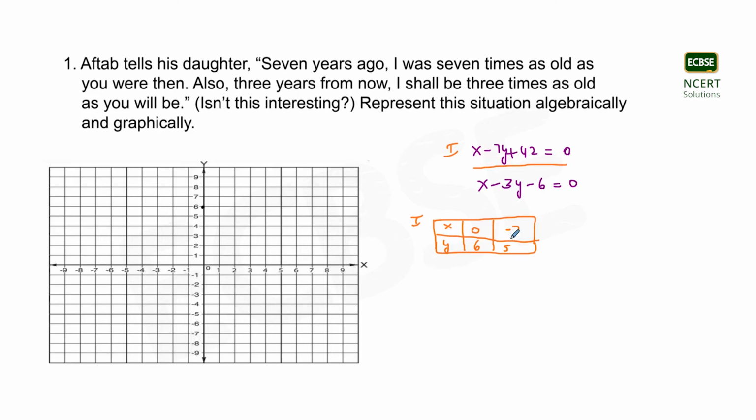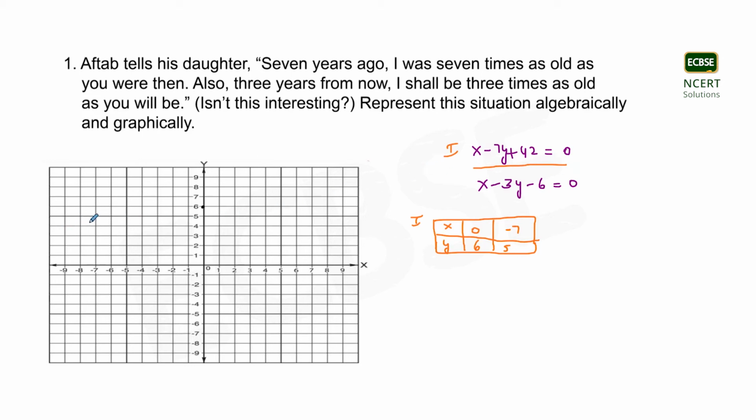And if x is equal to minus 7, then y is equal to 5. Means this table can be used to draw graphically the line representing this linear equation.